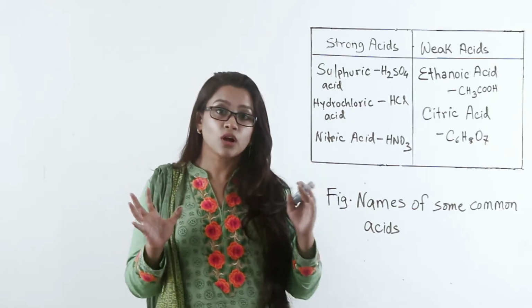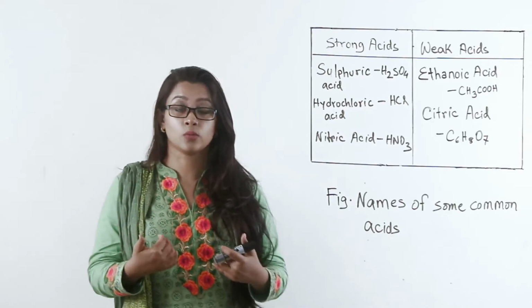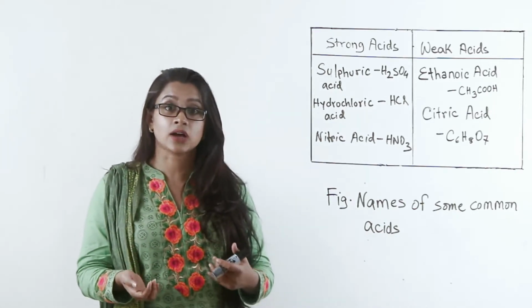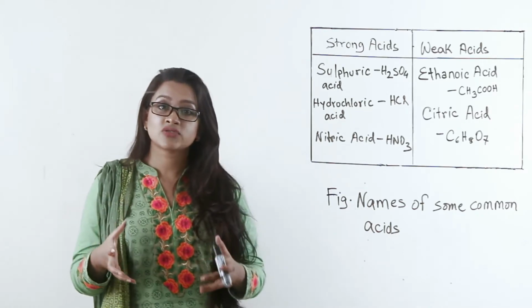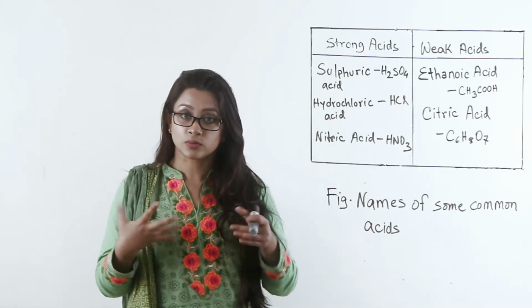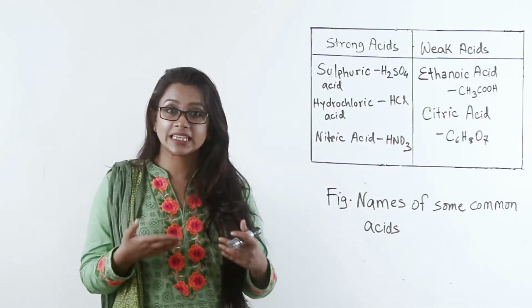An example of a naturally found strong acid is what is present in our stomach. In our stomach, there is concentrated hydrochloric acid, which helps digest food by breaking it down.